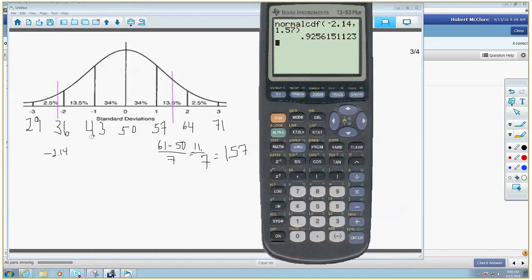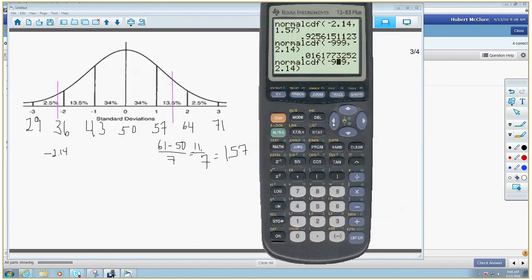Well, hold on. Let me check something. Let's go second function. Bars. Normal. Negative 9999, comma. Negative 2.14. Close parentheses. All right, write that down. All right, and we're going to subtract that from this one. So second function, entry.